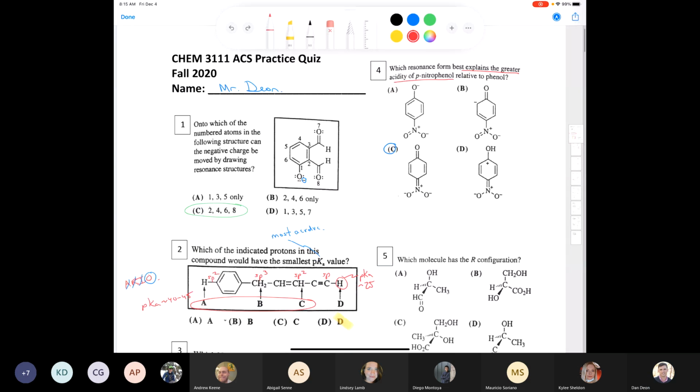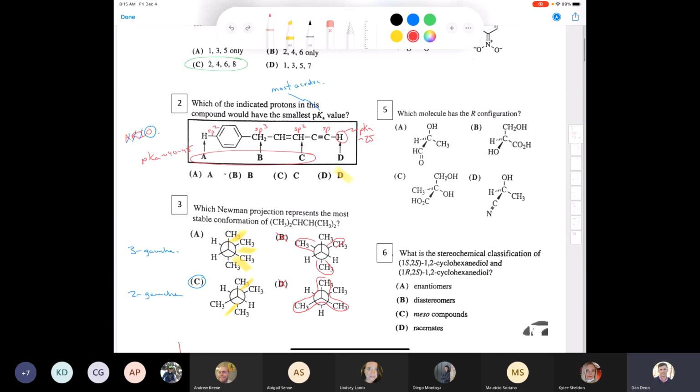All right, well, let's move on to number 5, which asks us which molecule has the R configuration. So we have to evaluate all of these using the Cahn-Ingold-Prelog rules. By now, I imagine you're pretty quick at this. I'll give you a second to see if you can figure out which one of these has the R configuration.